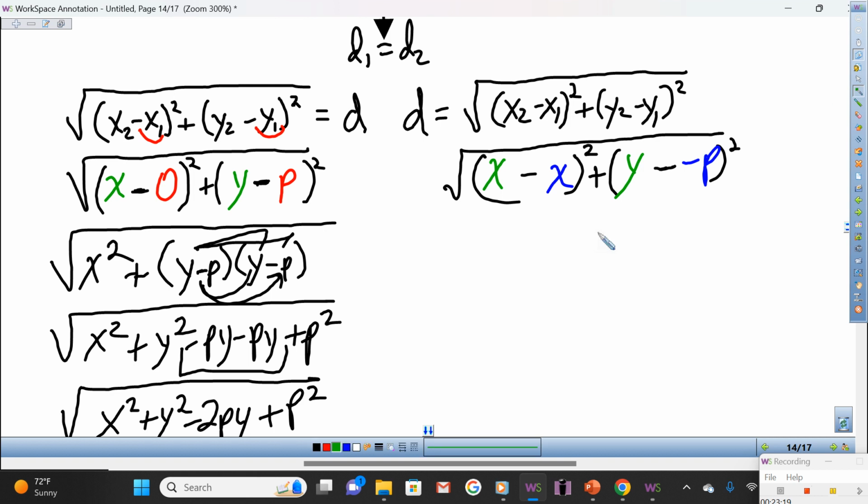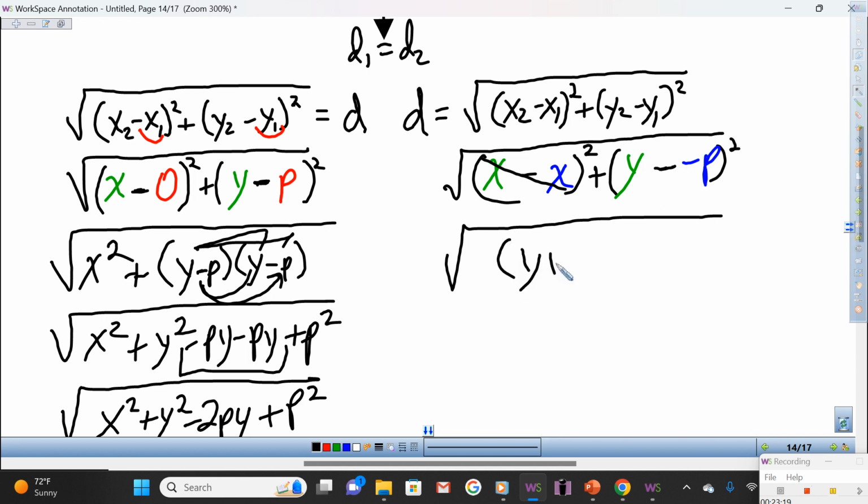Here we go. What is x minus x? 0. This cancels. So that leaves us with only this, which is what? What is negative times the negative? Positive squared. So we're going to write y plus p times y plus p.